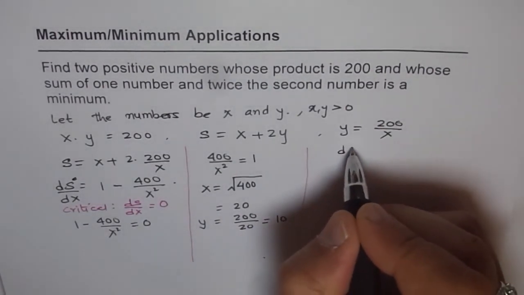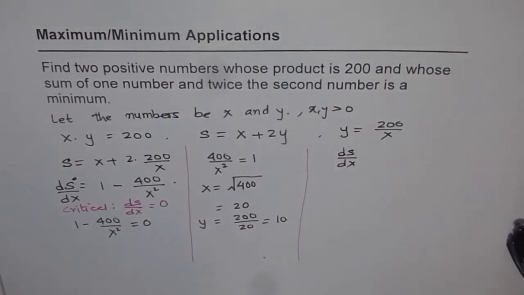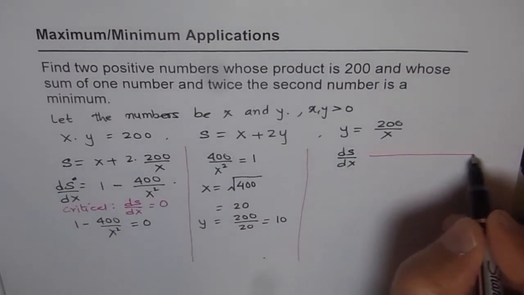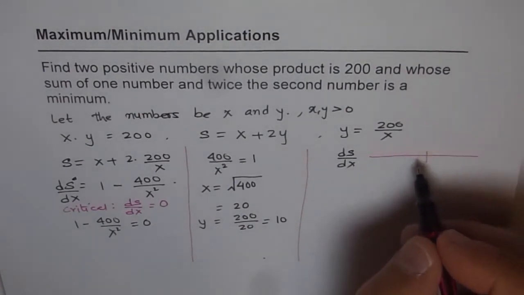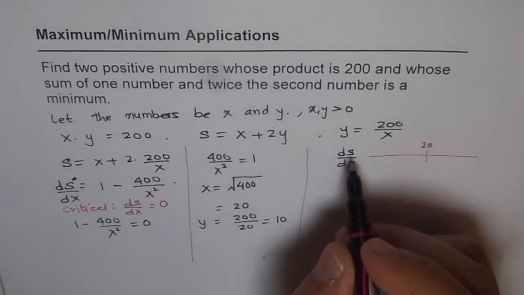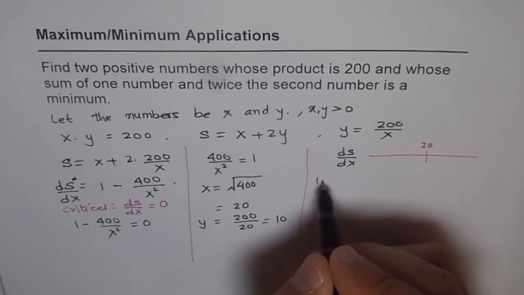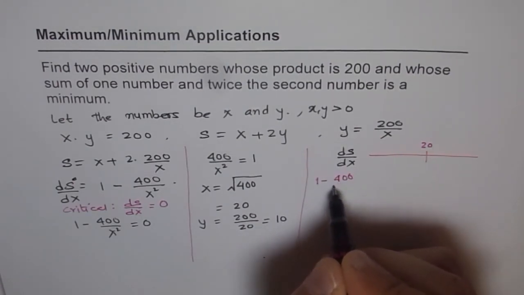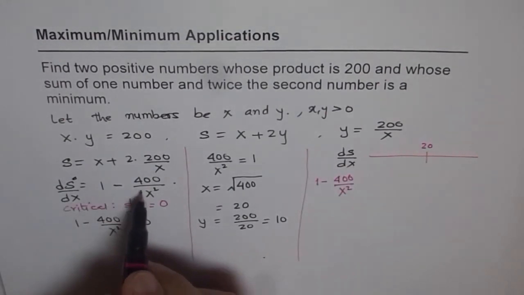That is, ds over dx should be negative before and positive after. In our case the critical point is x equals 20, right? And ds over dx is basically 1 minus 400 over x squared.